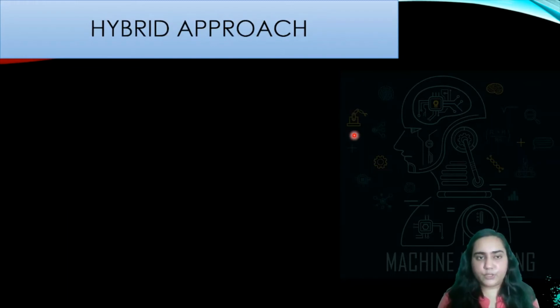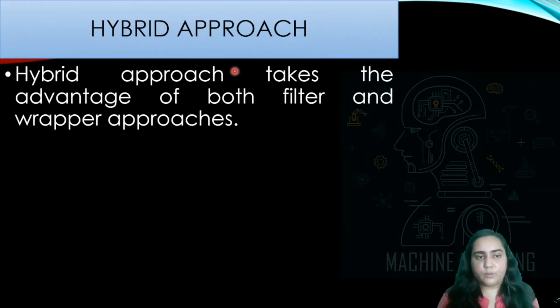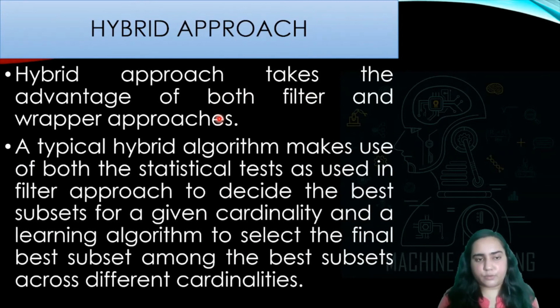The next approach is the hybrid approach, which takes the advantage of both the filter method as well as the wrapper approach. So what happens here, it makes use of both the statistical tests as used in filter approach to decide the best subsets for a given cardinality, and a learning algorithm to select the final best subset among the best subsets across different cardinalities.